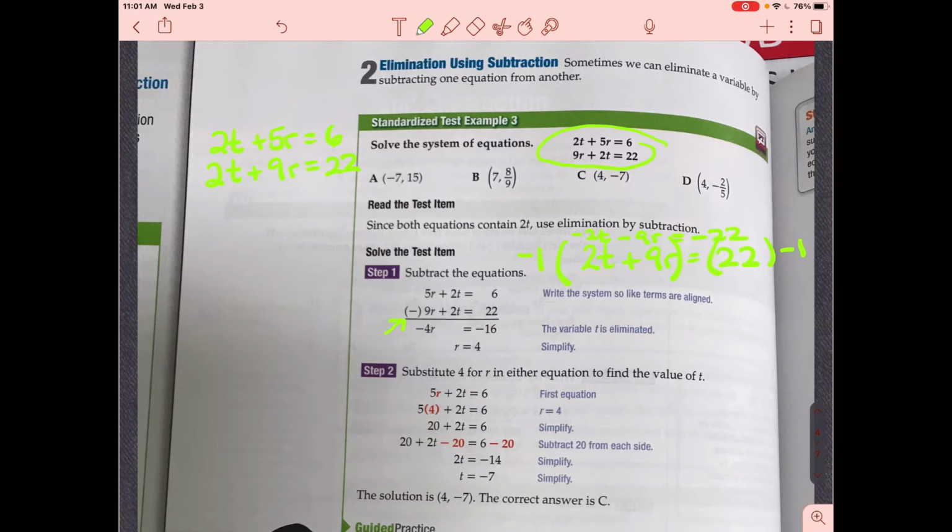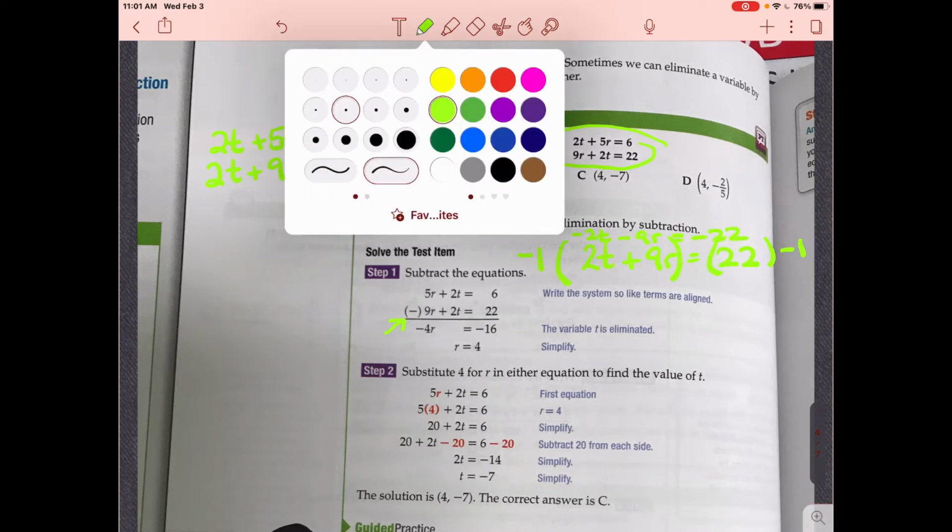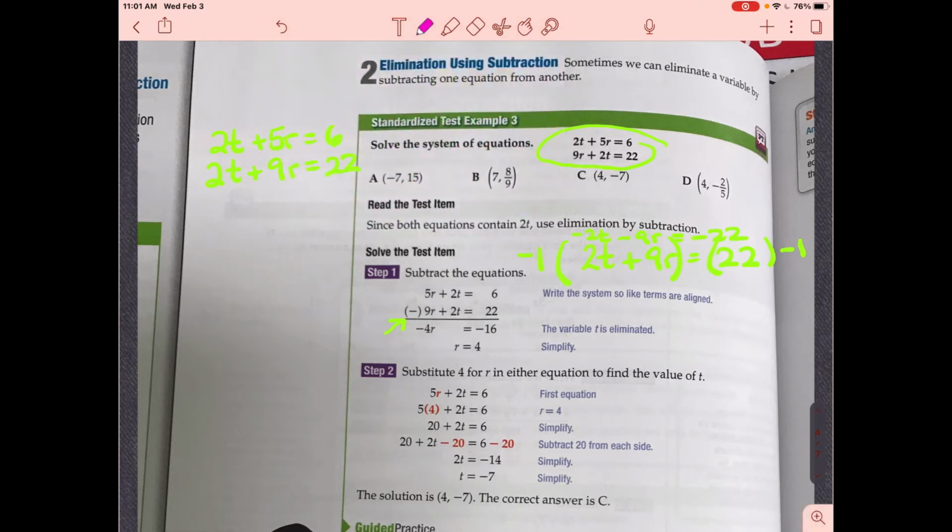So I like to do that instead of trying to subtract, because sometimes I get confused as to whether I'm subtracting or adding, and the positives and the negatives get all messed up. So here's what I'm going to do. Before I try to add them, I'm just going to change every sign in this equation.